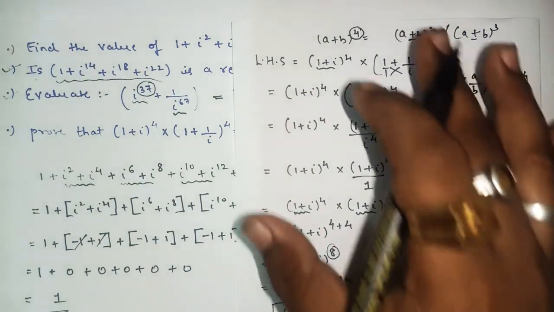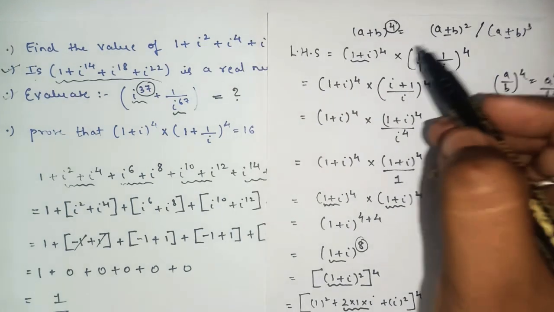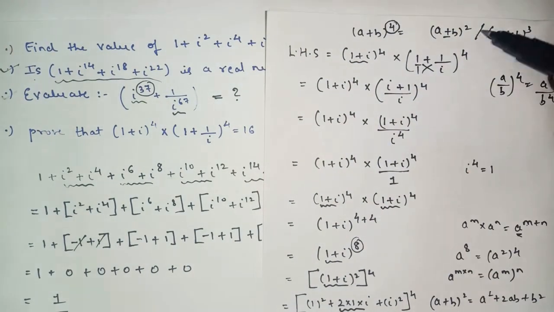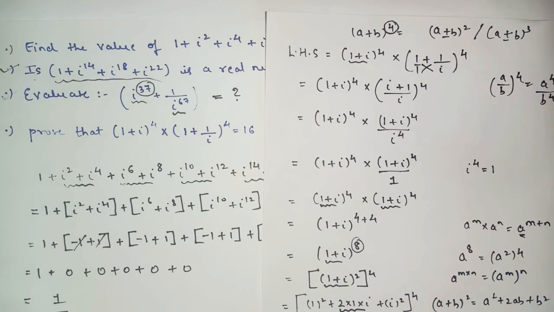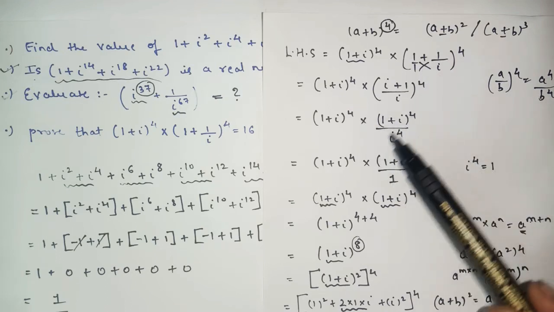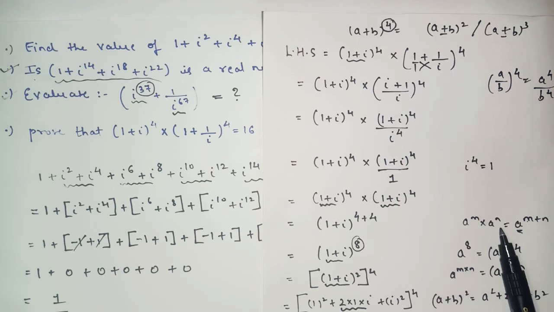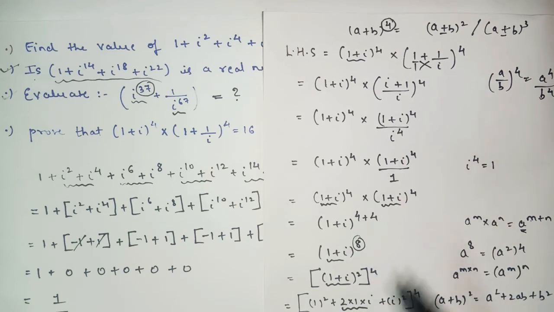Okay, so in simple language I will explain what exactly you have to do. Try to break this 4 with respect to 2 or with respect to 3. In the initial step, what I did was cross multiply. This part looks like a raised to m into a raised to n, which we can write as a raised to m plus n.